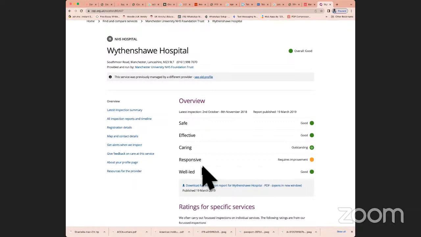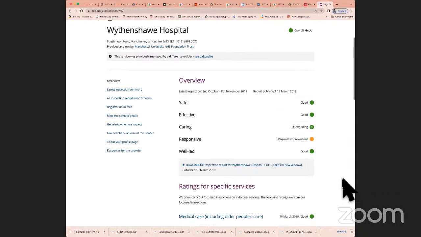The point we need to pick out is that they are providing safe and effective care. Their care is outstanding. They are well led in terms of leadership. But one of the areas given as amber is their responsiveness to meeting, for example, certain conditions. That means it requires improvement.